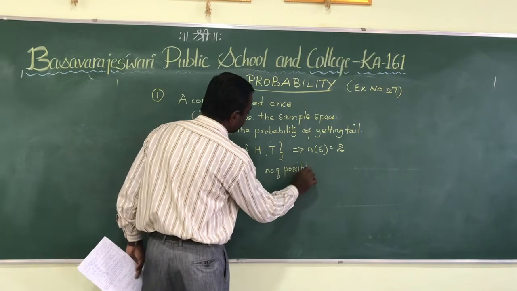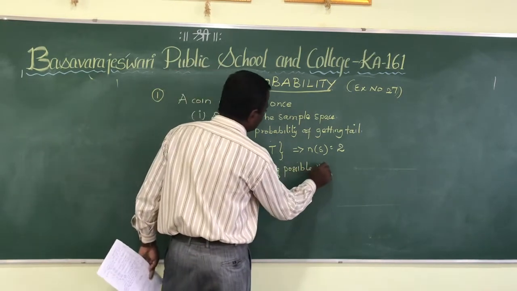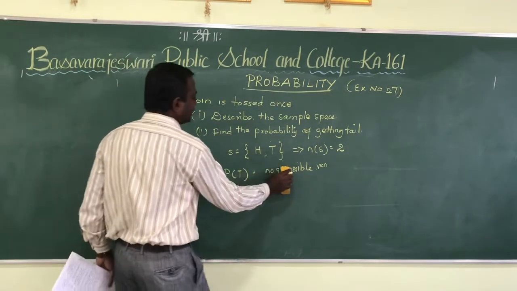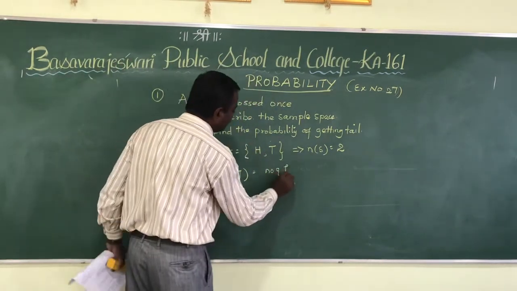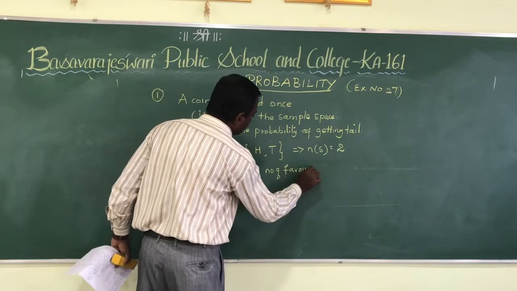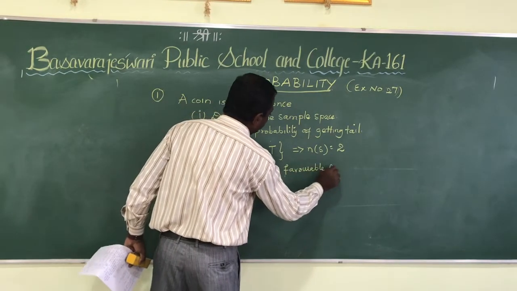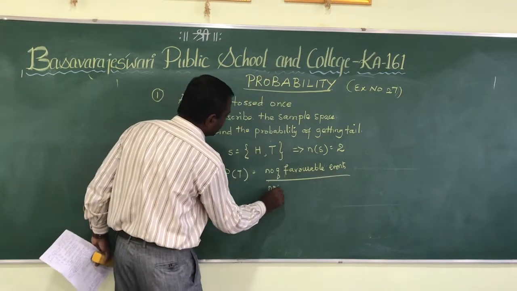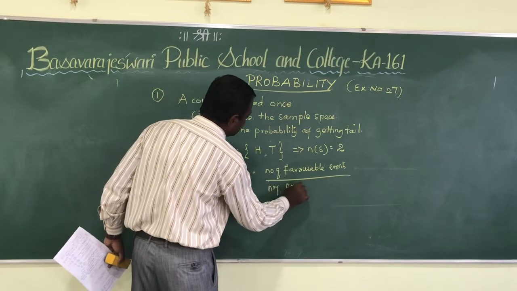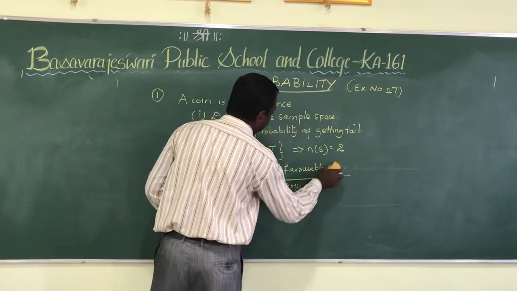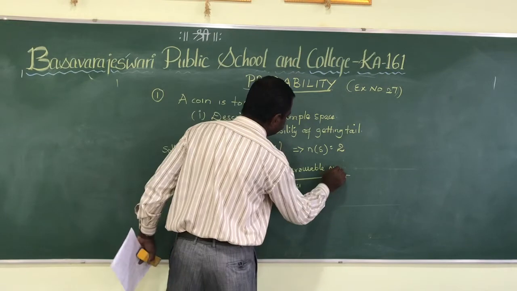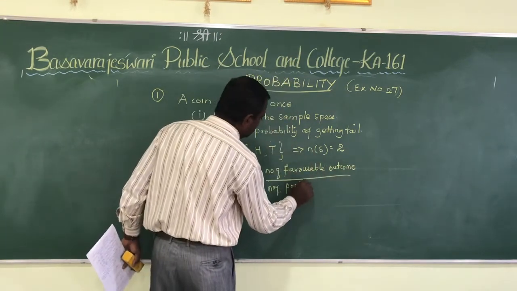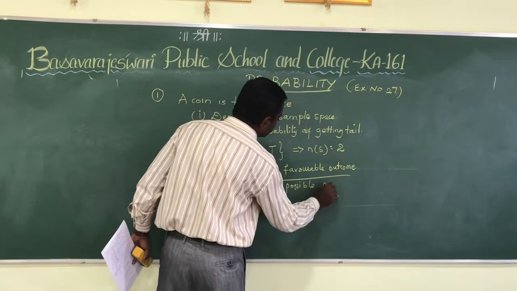Number of favorable outcomes by number of possible outcomes.